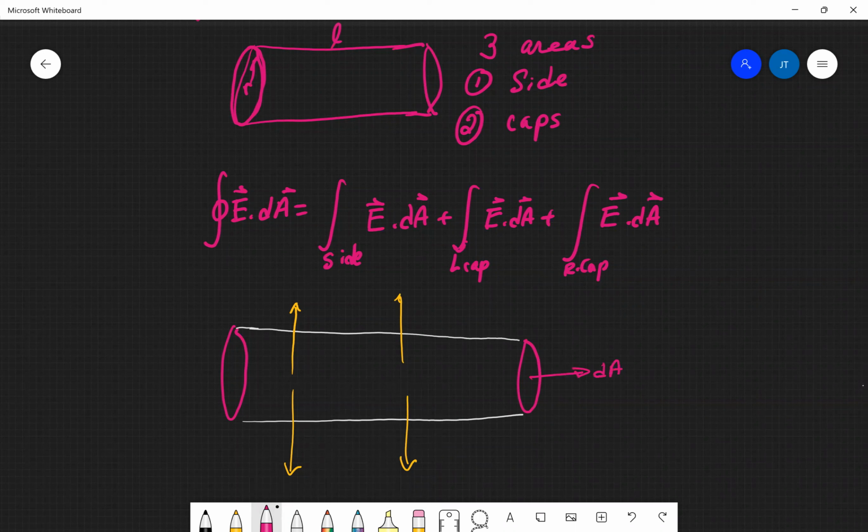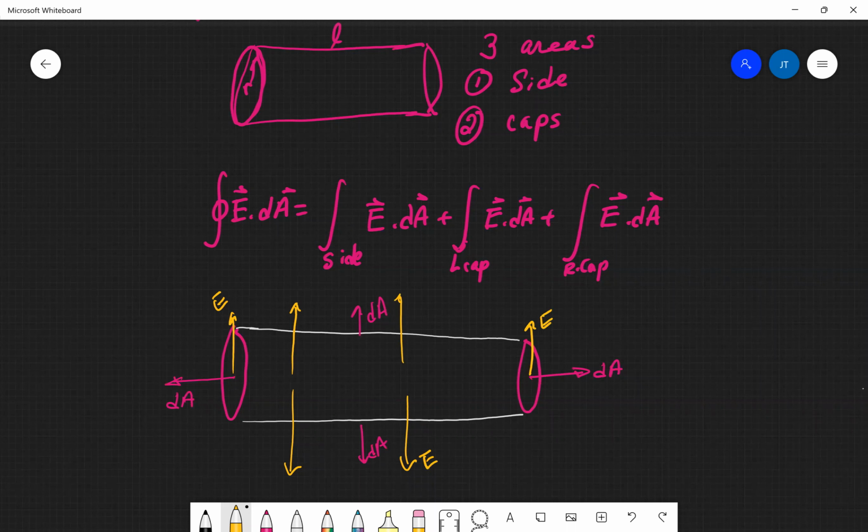It's perpendicular to the surface, pointing out from the inside volume. And on the surface of the cylinder, the A will look like this. This is E. So on the caps, here's E, here's E.